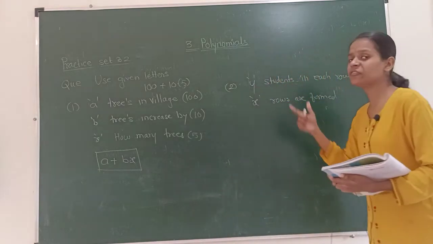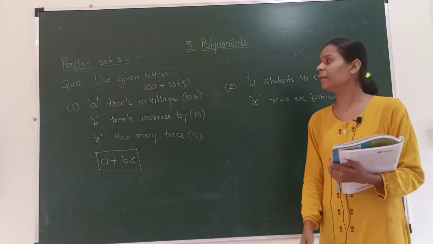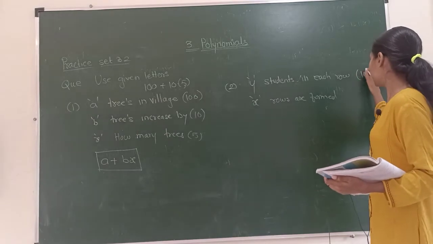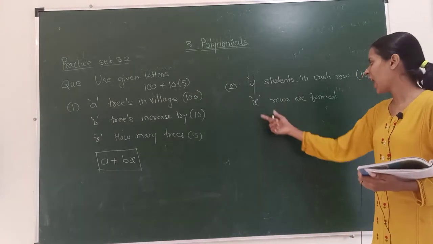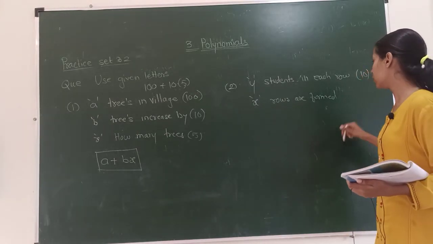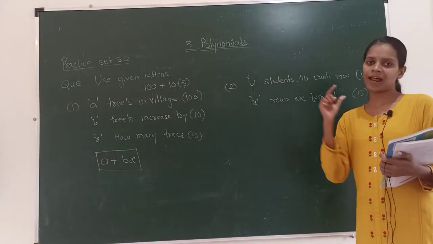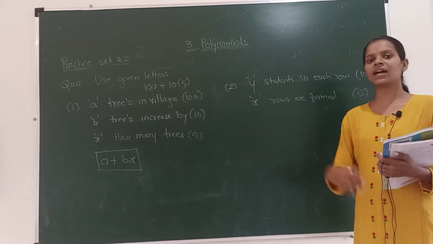If there is a parade in our school, Y is the number of students in each row. Suppose 10 students in each row, and X is the number of rows formed. 5 rows are formed. In each row there are 10 students and 5 rows are formed.